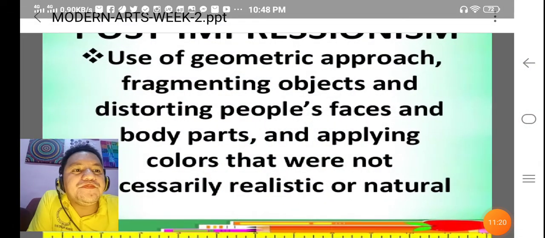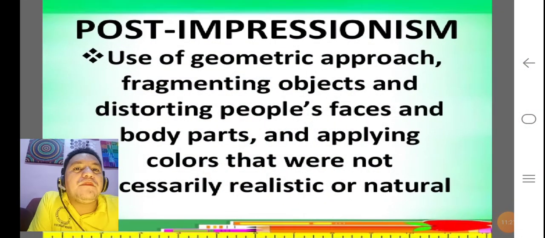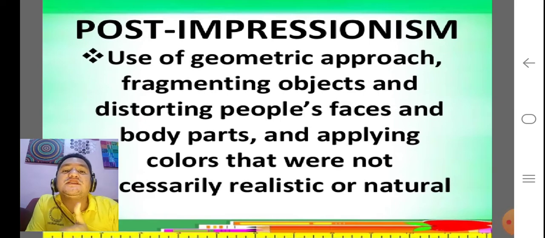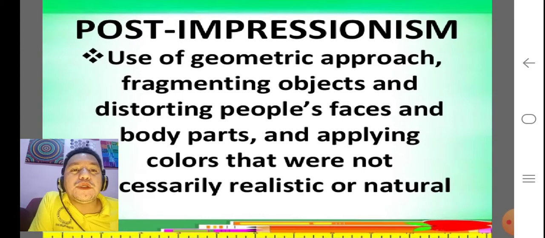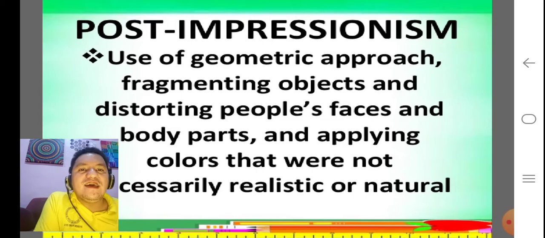Okay, so let's go back. When we speak about post-impressionism, it means the impressionism time has ended. That is why there came what they call post-impressionism. This time, we will only be talking about two painters or two artists. Okay? They call themselves the post-impressionist artists.